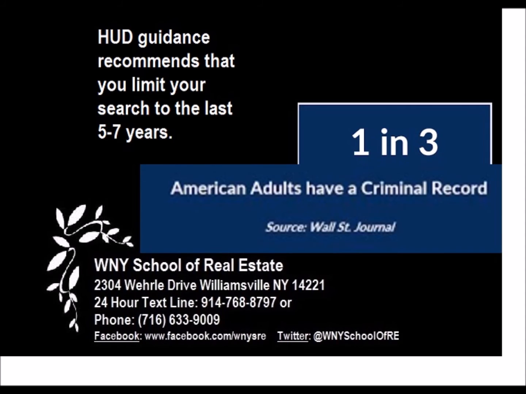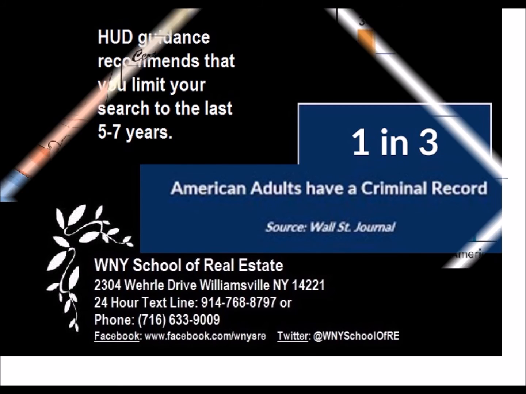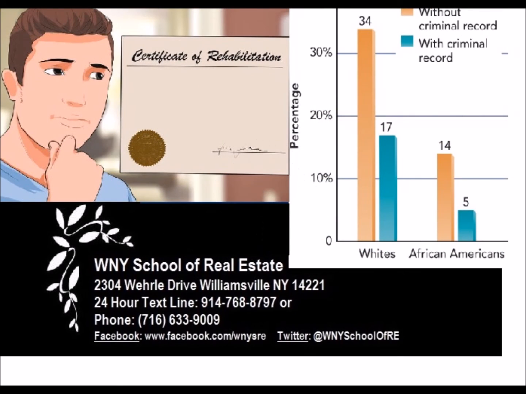An example of the additional information, or as we say, the mitigating information, might be how many years ago this conviction occurred, or what type of rehabilitative efforts has the individual made since that conviction occurred. Another popular mitigating factor is the age of the client at the time of the conviction. If the client was 18 years old and now he or she is in their 30s, that makes a big difference.